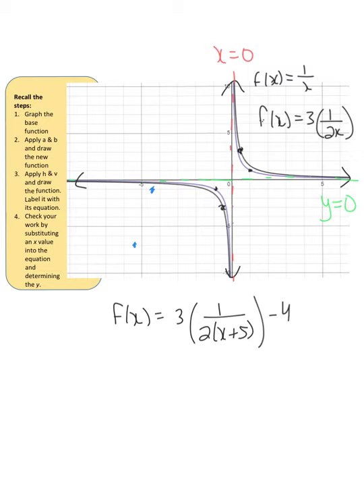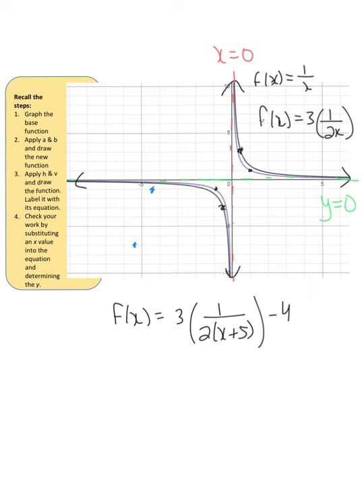Plotting those 2 points is not enough. We also need to know where our asymptotes are. Vertical asymptotes are affected by horizontal translations, left and right, and horizontal asymptotes are affected by vertical translations, up and down. So here x equals 0.